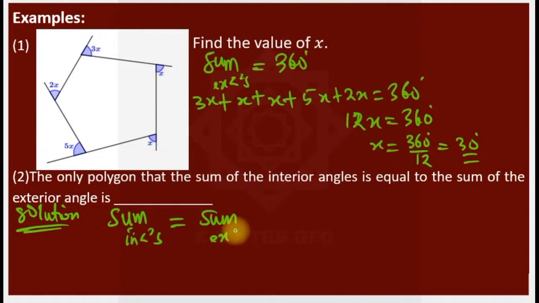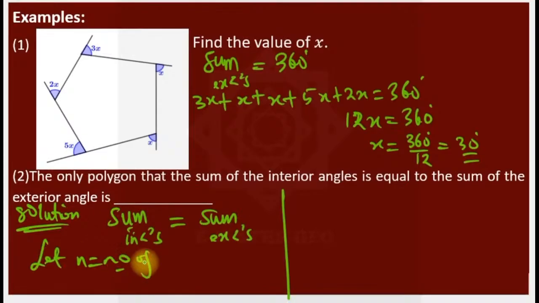So we'll form an equation. Once we know n, we know the name, because once you know the number of sides, we can name it. That is what we are asked to solve, the name. So let n be the number of sides of the polygon.